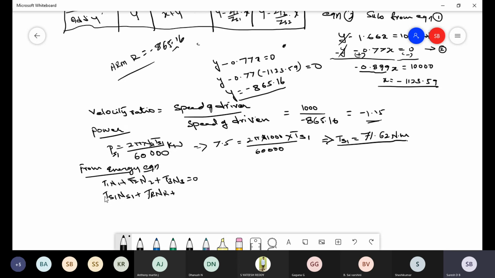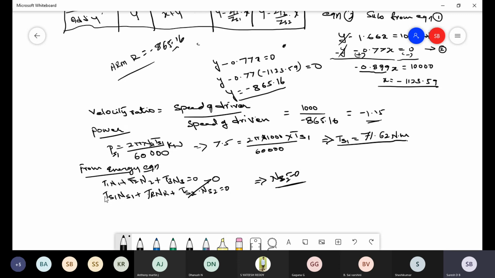Then the fixed member, the stationary gear, the second sun gear: TS2 into NS2 equals 0. Here the speed of sun gear 2, NS2, equals 0 because of the stationary condition of the fixed gear, so this entire term is 0.